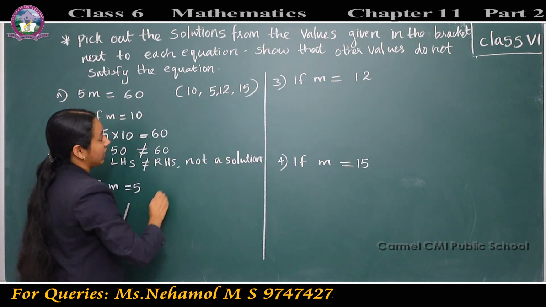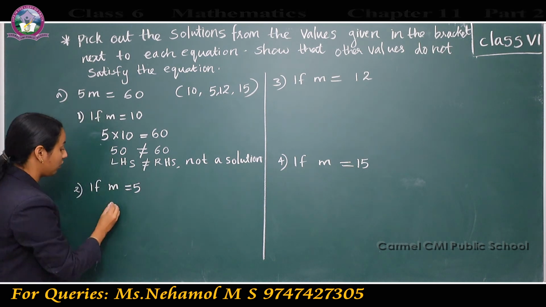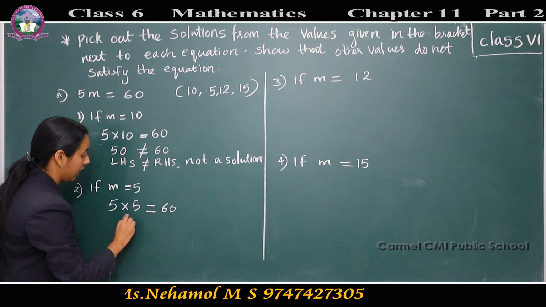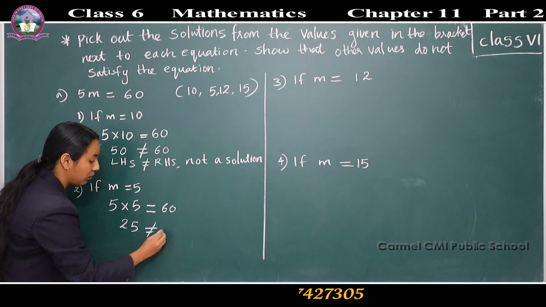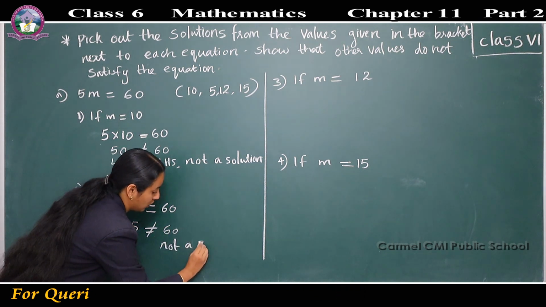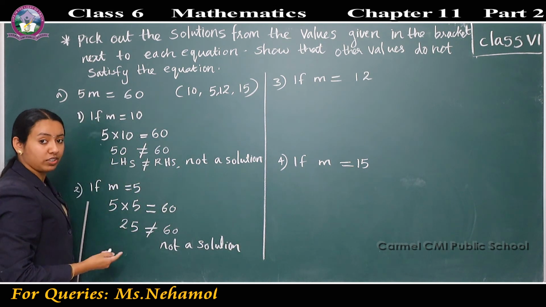Next value, m is equal to 5. If m is equal to 5, 5 into 5, 5 fives are 25. 25 is not equal to 60. So m equal to 5 is also not a solution.